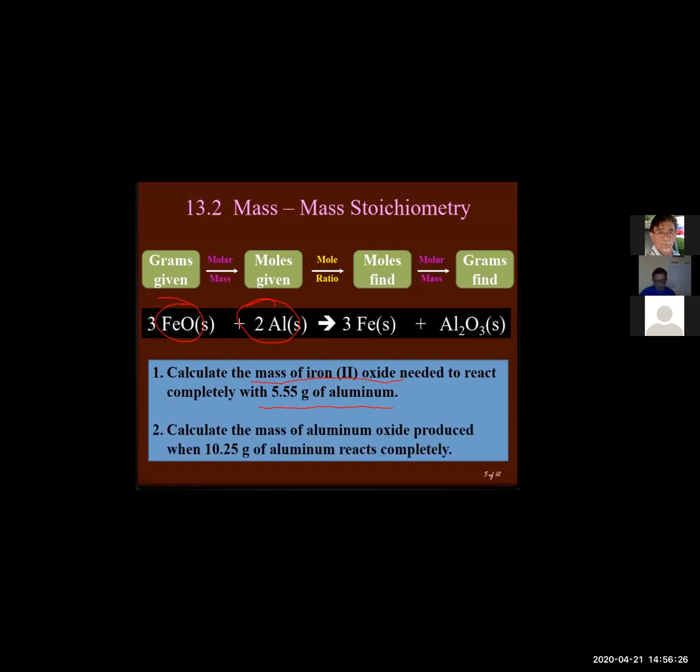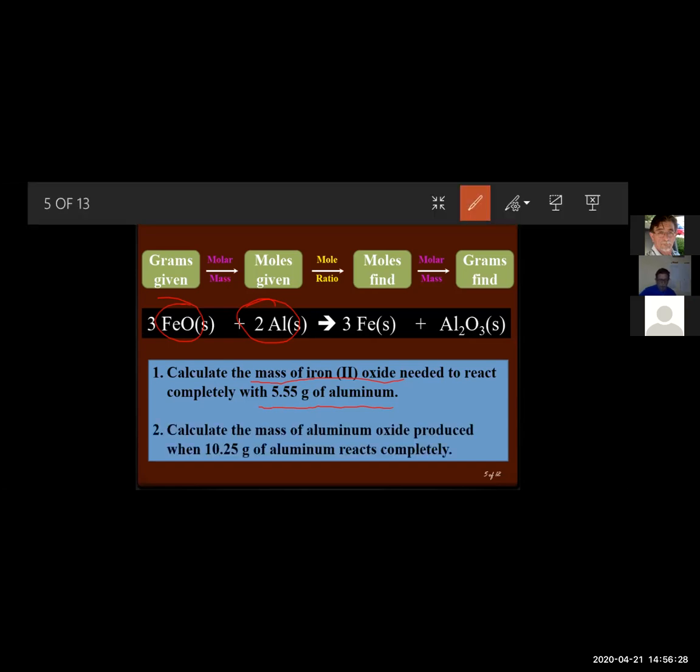Or you may be asked a question like this: calculate the mass of aluminum oxide produced if you start off with 10.25 grams of aluminum.